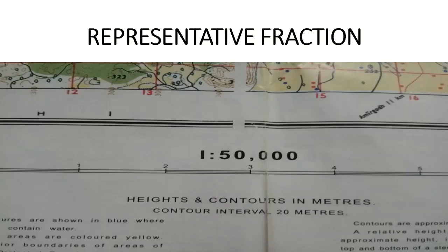Now we come to the next part of the representation of the scale, that is representative fraction, which is written as 1 is to 50,000. If you notice, there is no unit in it. So how do we infer this number? What unit is it actually of?